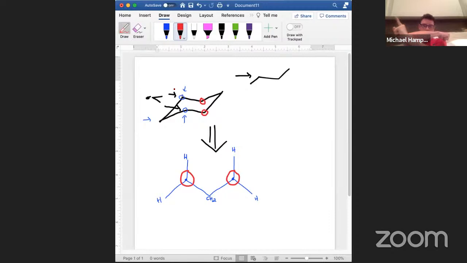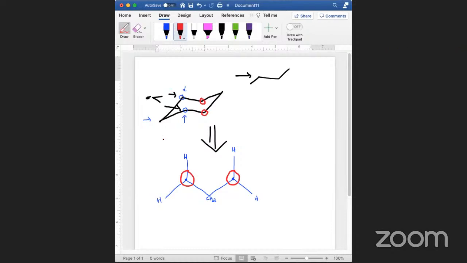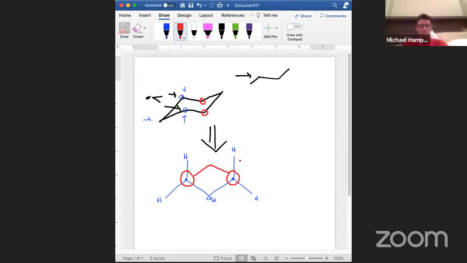What is that? Carbon with two H's. Yeah, it's a CH2. So how that's going to look is like this. This CH2 is this corner that I arrowed in blue, and this CH2 is just that corner.